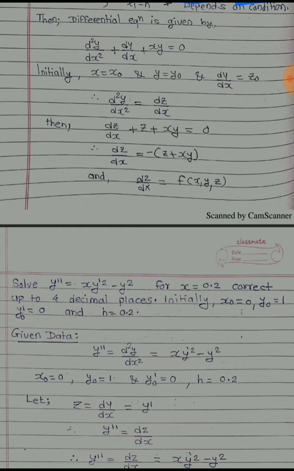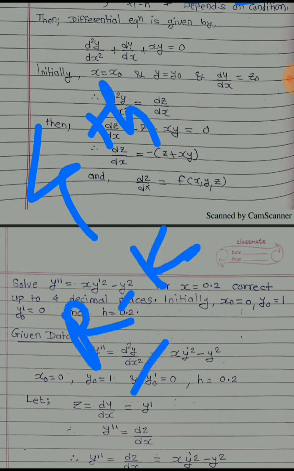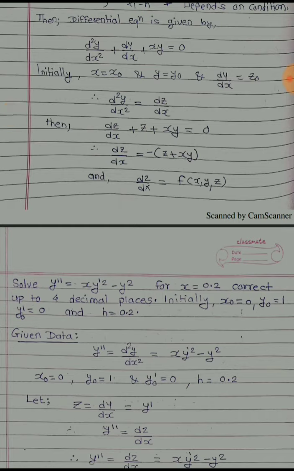Here, if you compare the previous method where we used fourth order RK method to solve first order equations, in that method only two terms were there in the formula, that is the term of x0 and y.